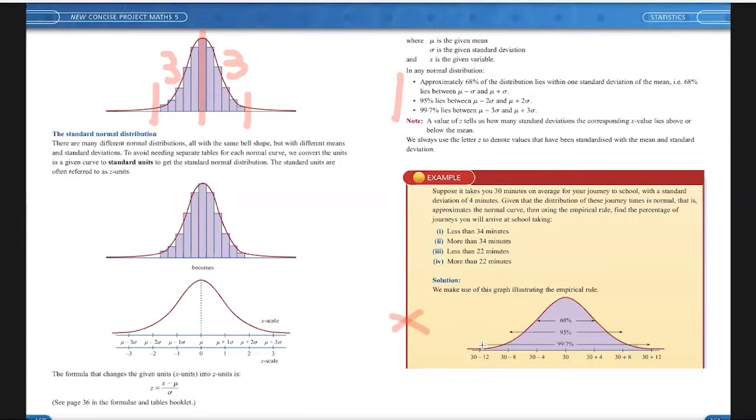And if you go between plus and minus 3 standard deviations, you will find that 99.7% of your data will fall under that proportion of the curve. Those percentages that I'm quoting, you have to know by heart. They're not written anywhere, they're not in any log tables. They are the empirical rule and you need to know them.